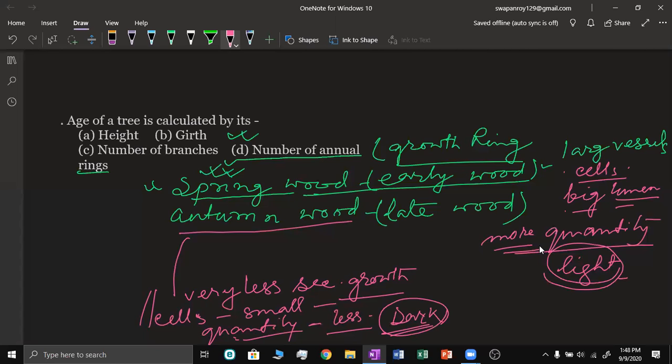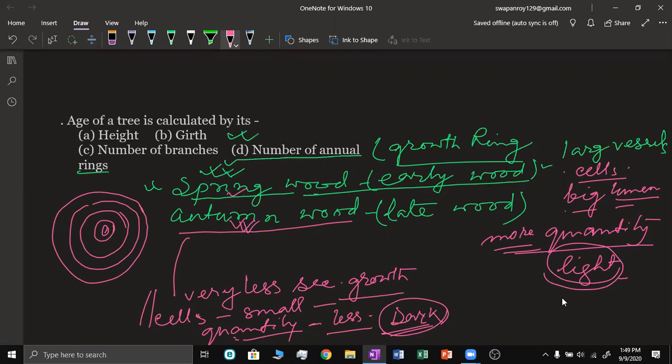So what we can see in a tree or in its trunk, we can find repeatedly dark and light bands. Dark, light and dark, light bands are due to the formation of springwood and autumn wood. Again springwood, again autumn wood.